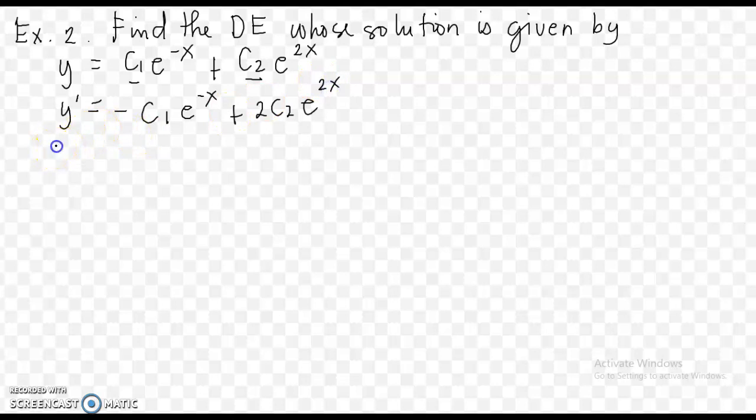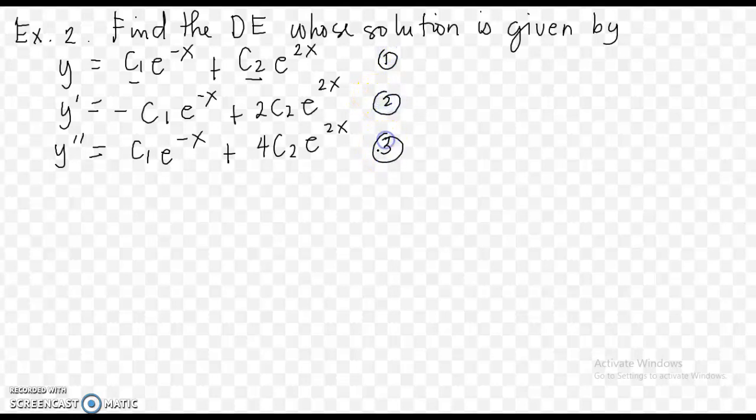Then, get the second derivative. We have y double prime equal to negative times negative, that is positive, C1 e to the negative x plus 4C2 e to the 2x. Now, let the given function be equation number 1, this one equation 2, and this one equation 3. Now, we can combine equation 1 and equation 2.